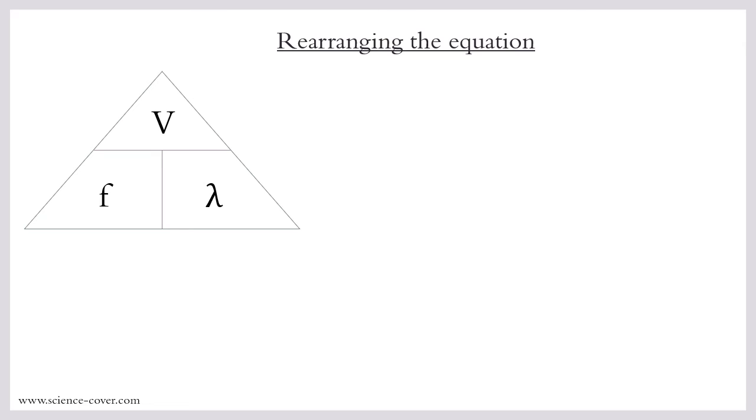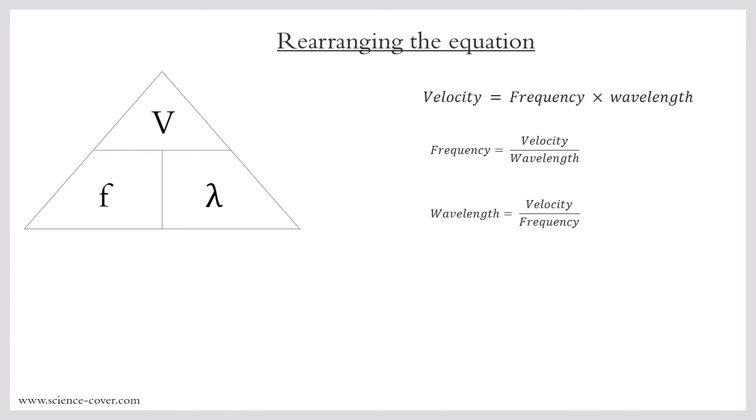We can place this equation into an equation triangle with velocity at the top of the triangle and frequency and wavelength at the bottom. To find the velocity, we need to multiply the frequency by the wavelength. But if we wish to find the frequency, then we need to take the velocity and divide it by the wavelength. If we want to find the wavelength, then we can take the velocity and divide it by the frequency.